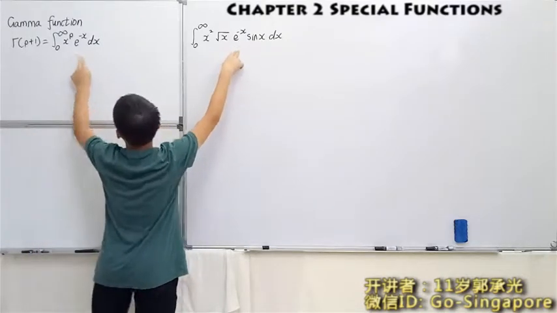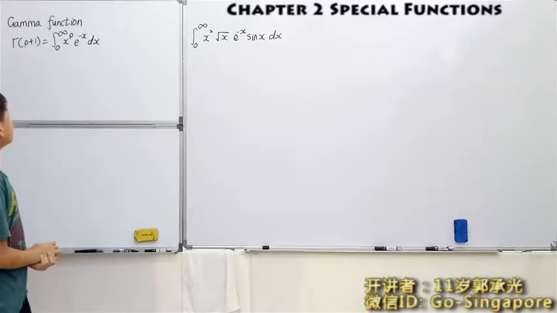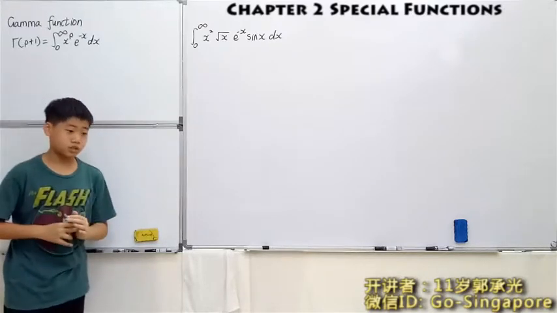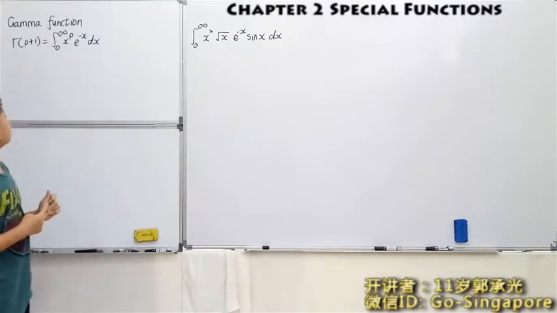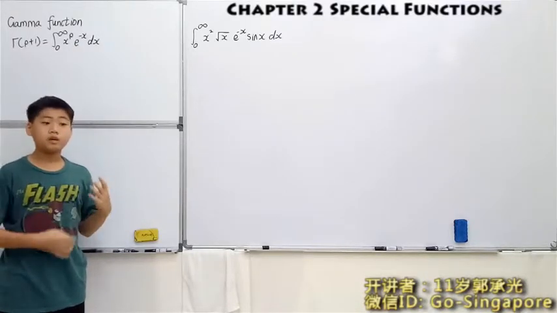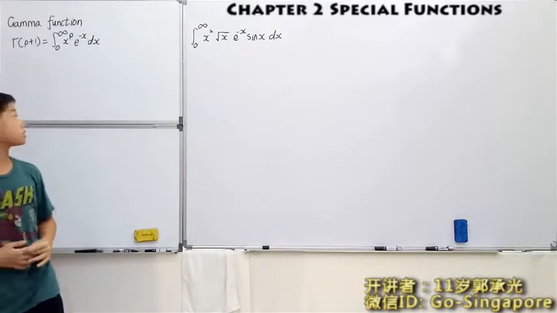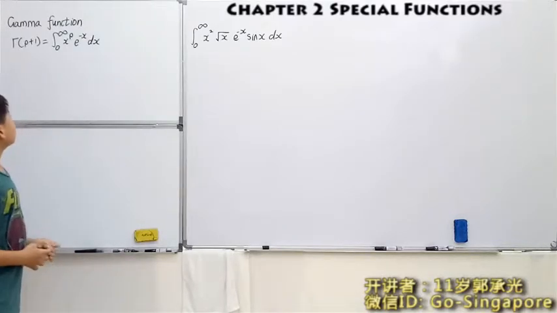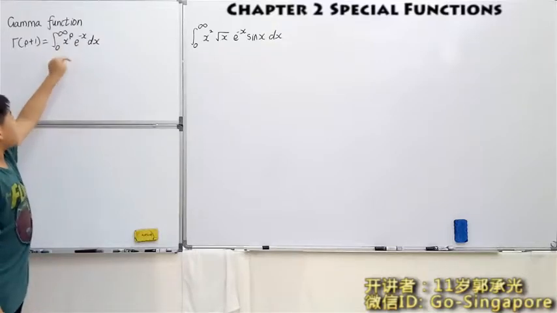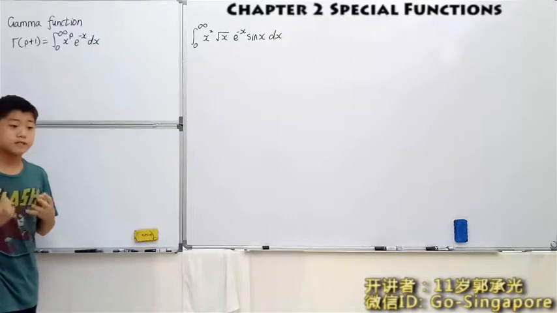So this part, exponential e to the power of negative x. This part is very important. It must be a negative. So later we might need a little bit of substitution. But later we'll see whether we need it or not. Exponential, then in front is this x to the power of something.